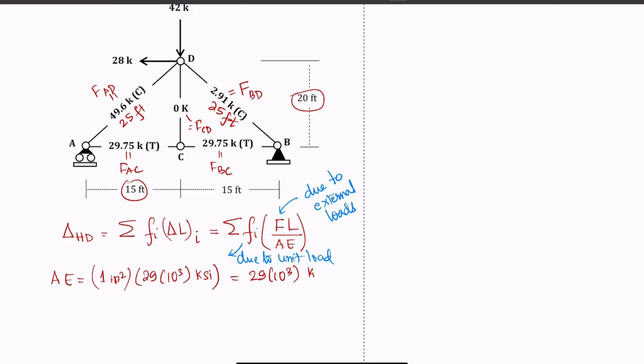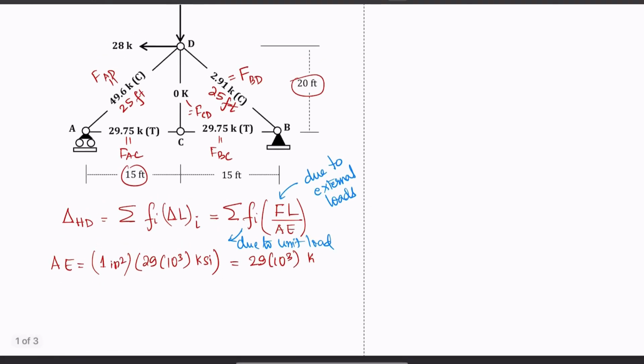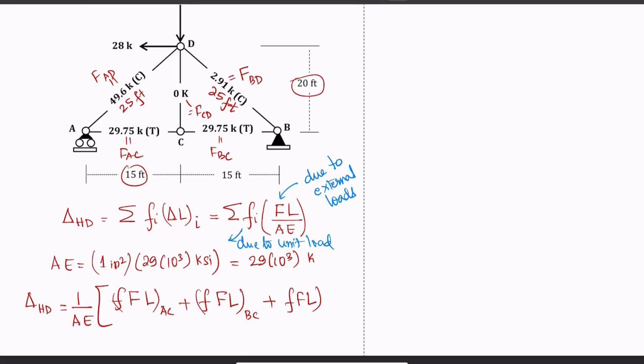Because fCD is equal to 0, finally we can say that your delta HD, and AE is constant, so we're going to leave AE outside, and then we're going to put F, capital F, times small f, times L, for AC, plus the same for BC, plus AD, plus BD.